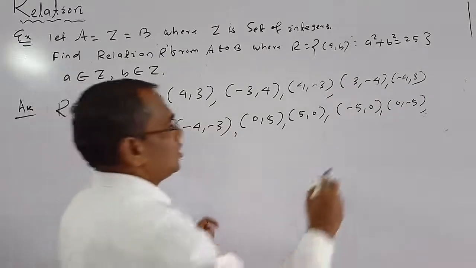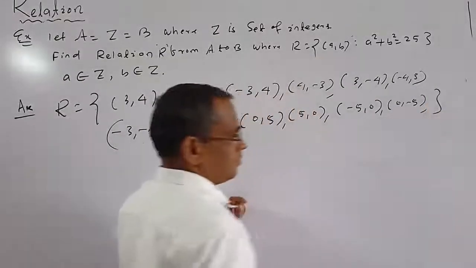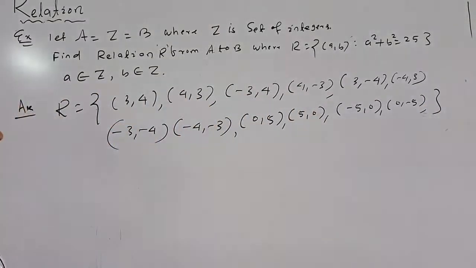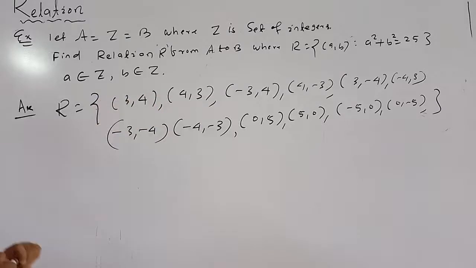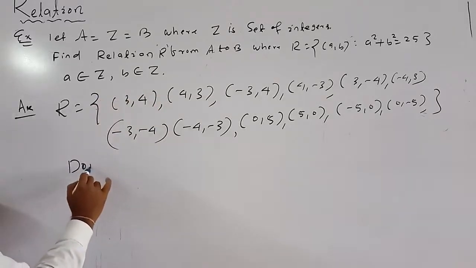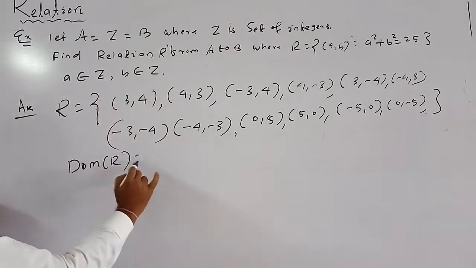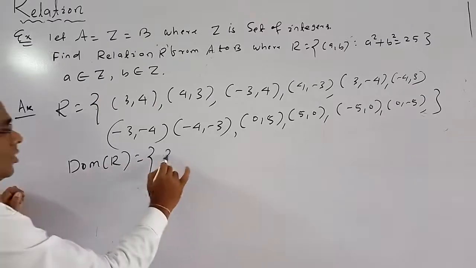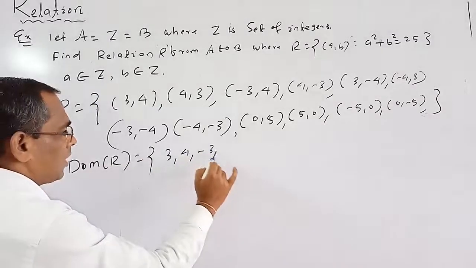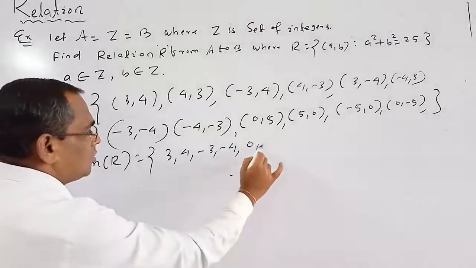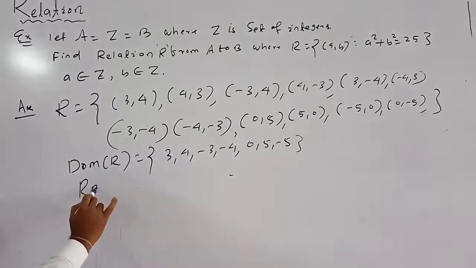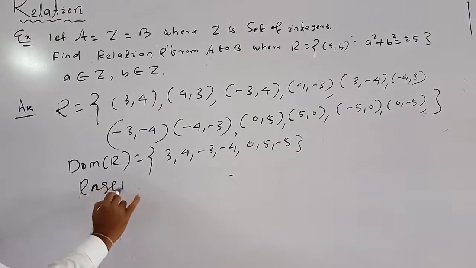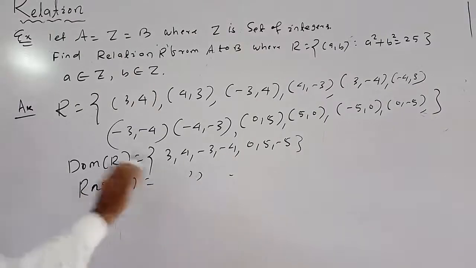So except these ordered pairs, no other one is possible. So these are known as R. Okay, and what is the domain if we ask? Then the domain is equal to 3, 4, -3, -4, 0, 5, -5. Range is also the same. Range of R is the same as the domain.